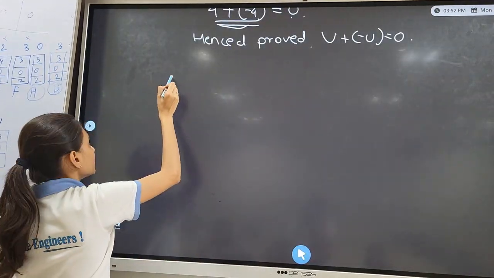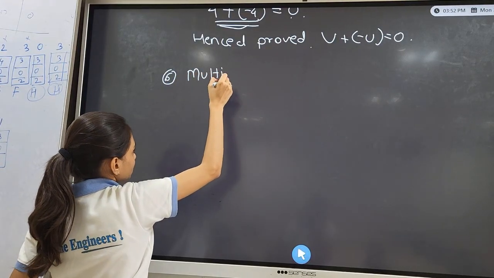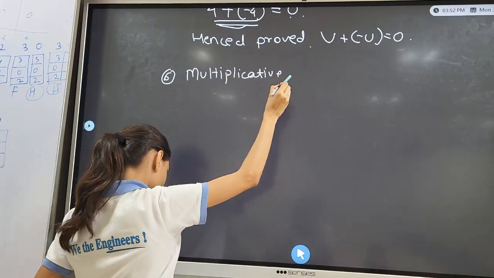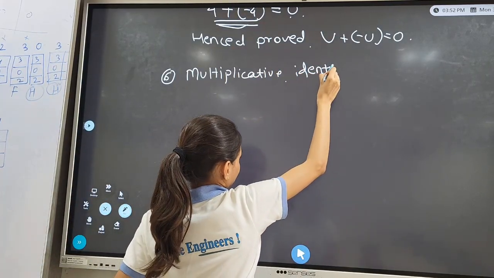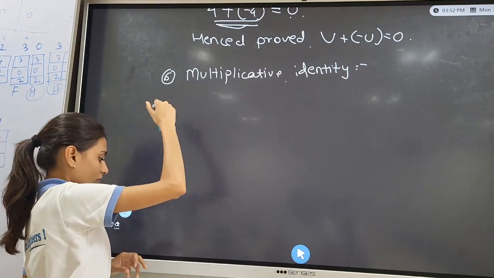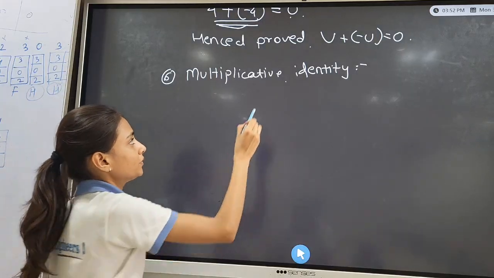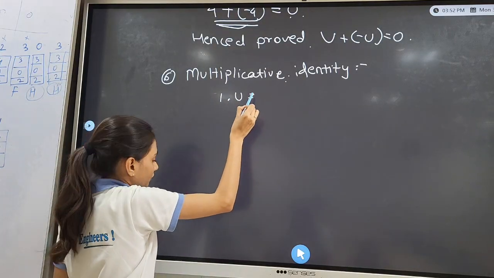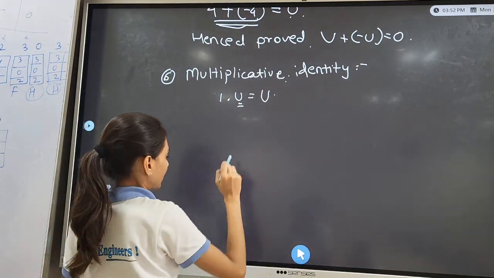Then the sixth property is multiplicative identity. It shows that whenever we multiply by 1, it gives us the same element.